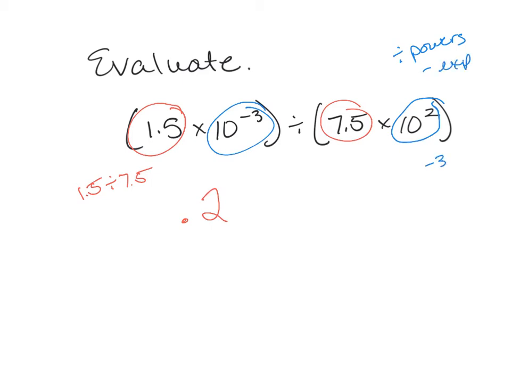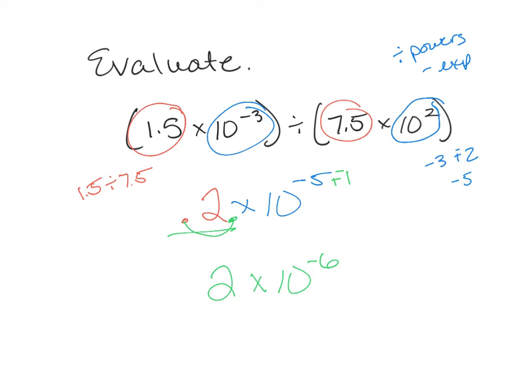We have negative 3 minus 2, so I get a negative 5. So times 10 to the power of negative 5. Not our answer, because again, we don't have a number between 1 and 10. It's a smaller number, so we're going to subtract. We move it one time, so we're going to subtract 1. So we have 2 times 10 to the power of negative 6. And that is our answer.